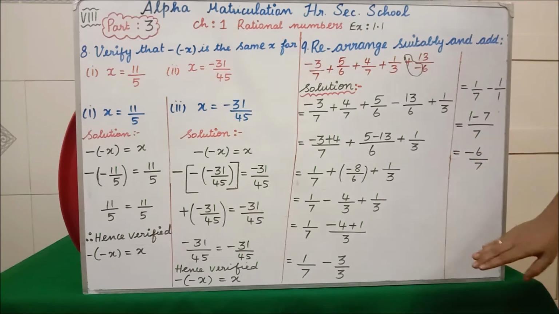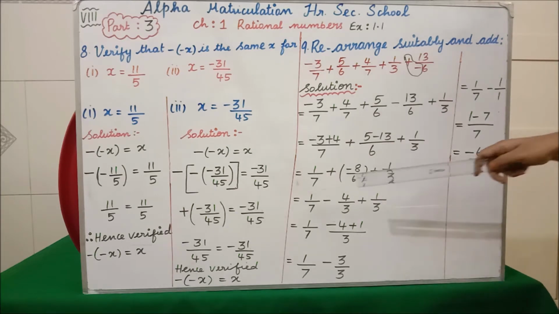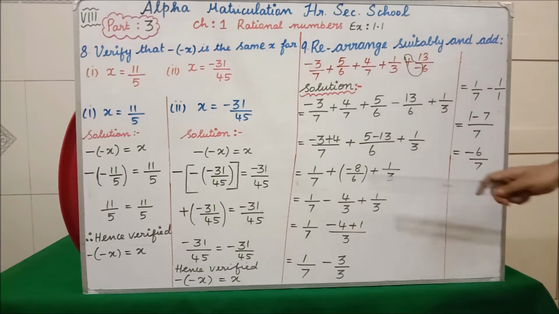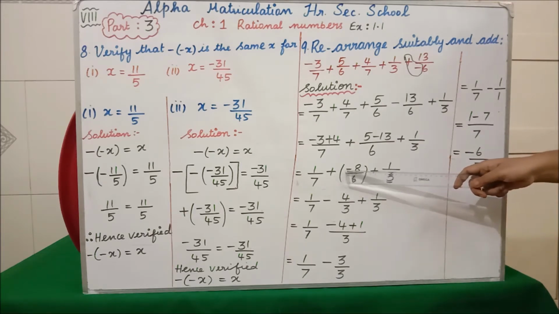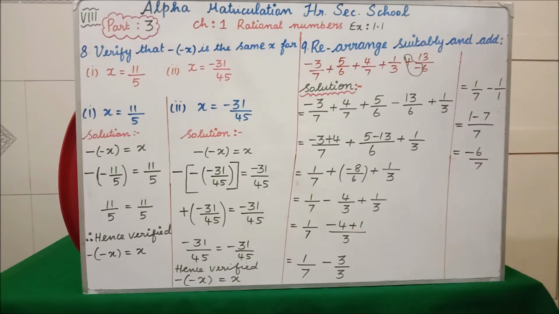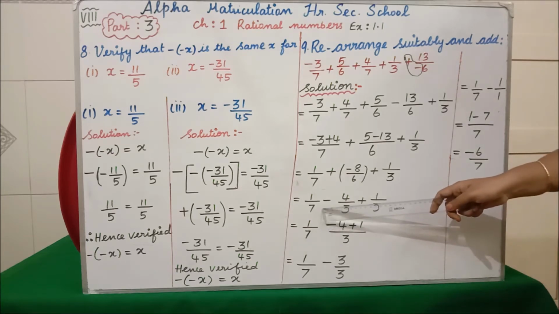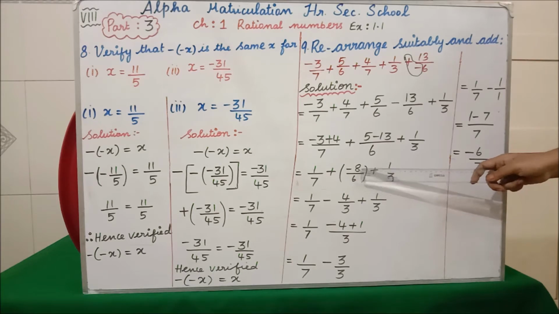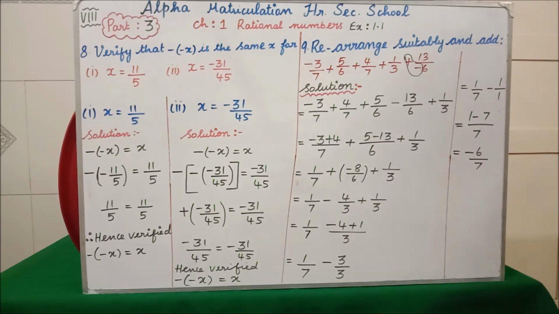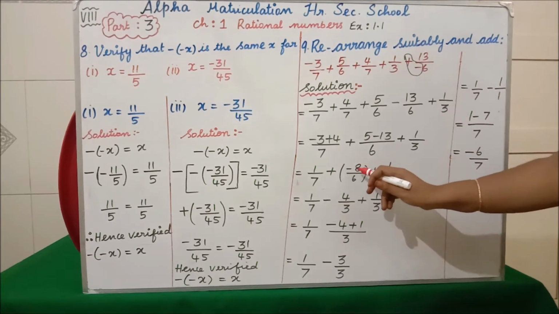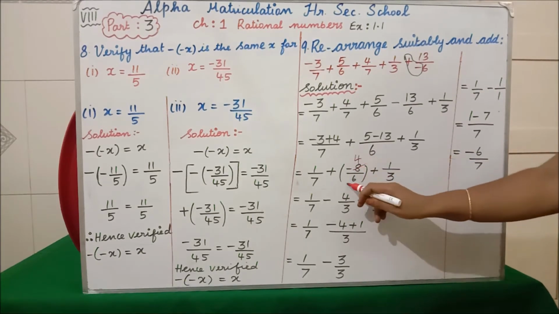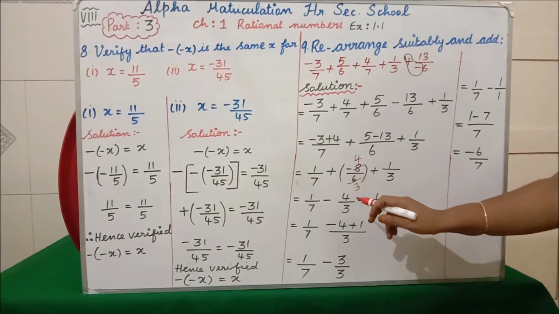Clear, all of you? This term we cannot do anything with, so write that 1 by 7 as such. Now if you see, plus into minus means what? Minus. So I have written minus in the next step. Clear? This 8 and 6 will get cancelled, isn't it? Both will go in the same table. 8 will go in the 4 table, similarly 6 will go in the 3 table.